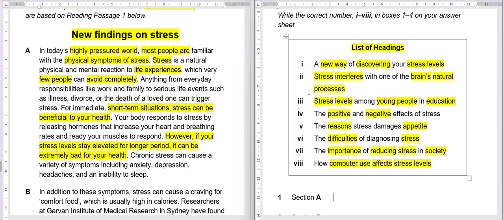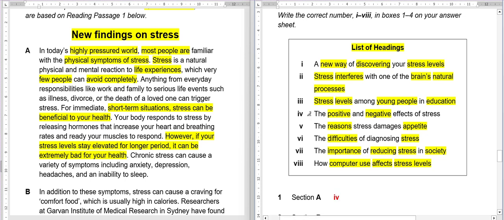Is there any mention of stress interfering with the brain? No. Third, stress levels among young people in education. Is there anything mentioned about young people in education? No. Fourth, the positive and negative effects of stress. Is there any mention of positive and negative effects of stress? Yes, there is. So our answer to this question is the fourth option.